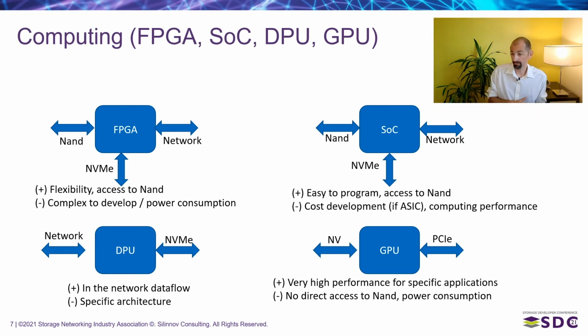The DPU, so data processing unit, here I mainly refer to devices which are used for smart NICs. So that will be chips between the network and an NVMe interface. The interest is that you will integrate this kind of product more at the CSA level, and you can use it to do some computing on the fly where you have data coming out or in the system.